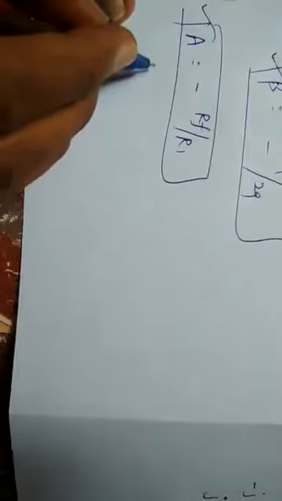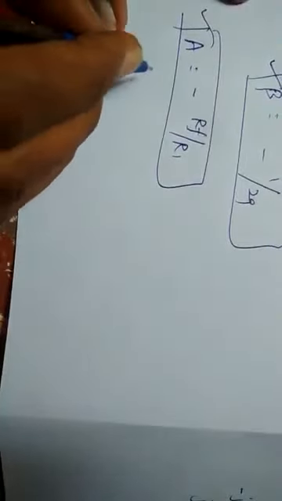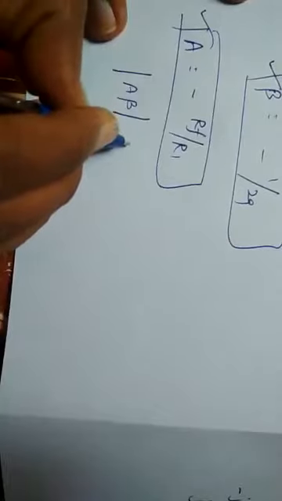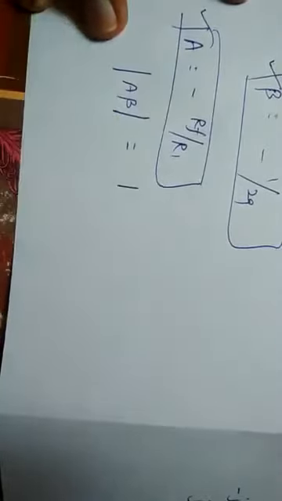So by considering these two, that is beta and A, we'll be able to solve the other Barkhausen criterion, that is modulus A into beta must be equal to 1.